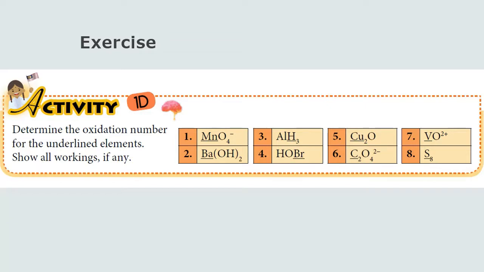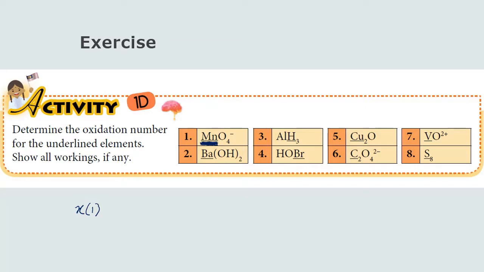Okay, so the first example is manganese in manganate ion. In order to determine the oxidation number of manganese in this polyatomic ion, I need to change the Mn into unknown X. How many manganese in the compound? Only one, so times it by 1. No need to write it, it's also correct.